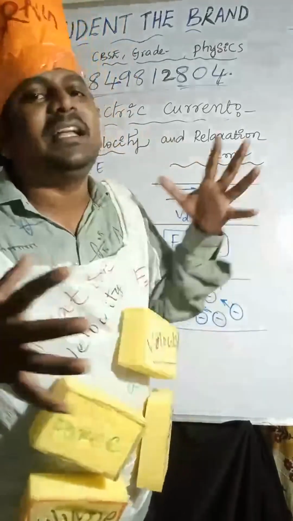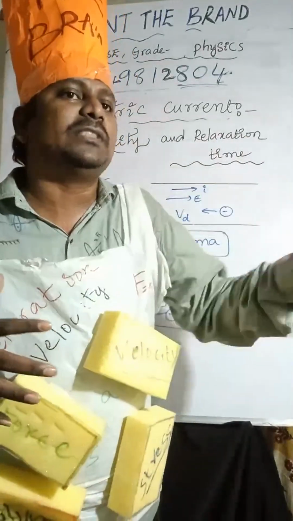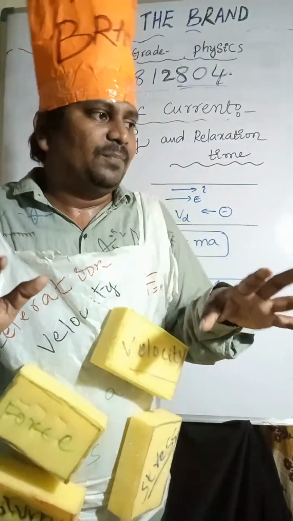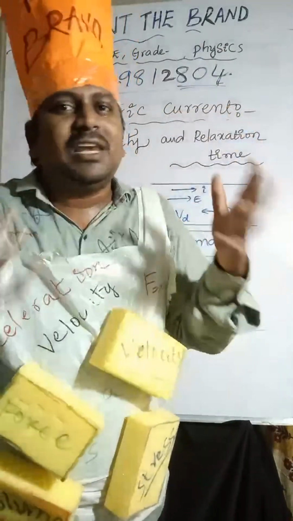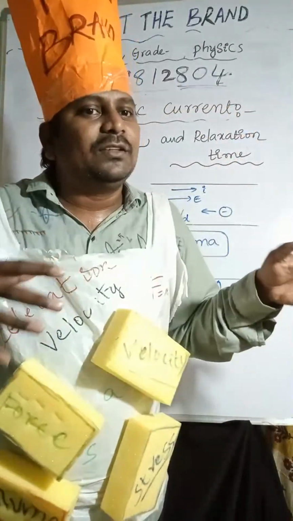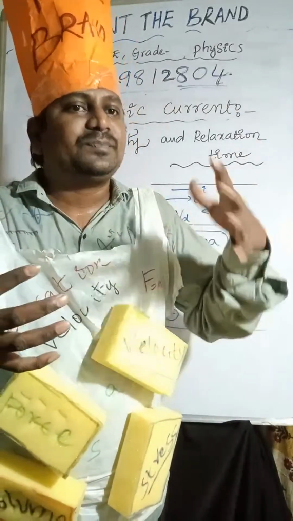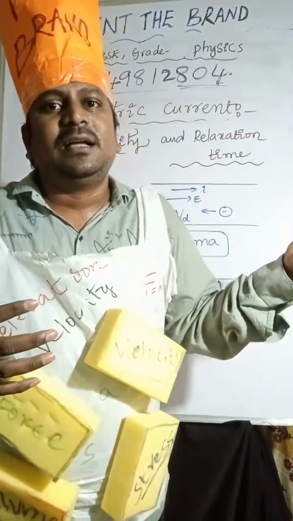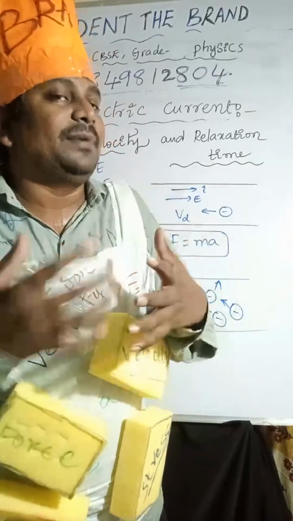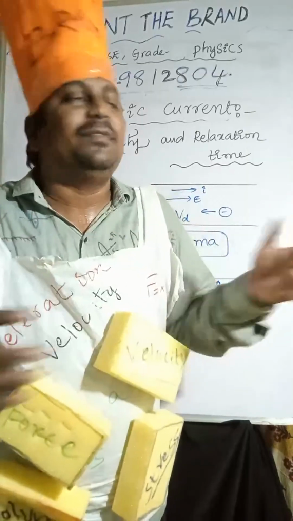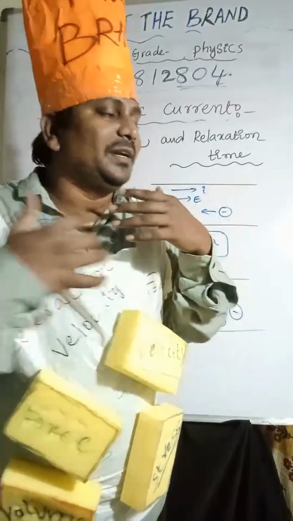So the average time gap between two successive collisions. All collisions will not take place at equal intervals; they take place randomly. If velocity increases, collisions take place more frequently.